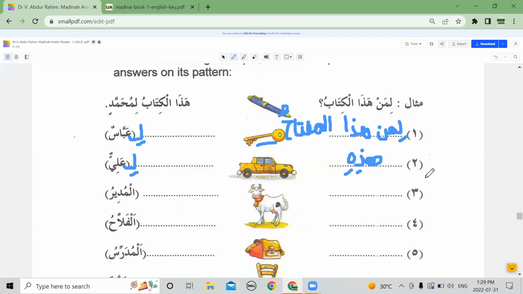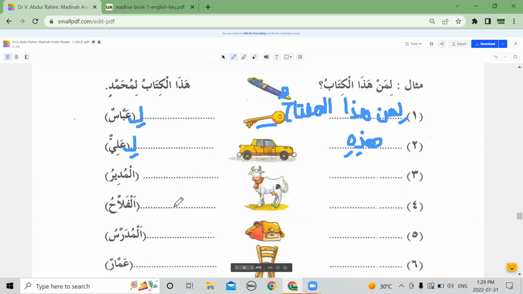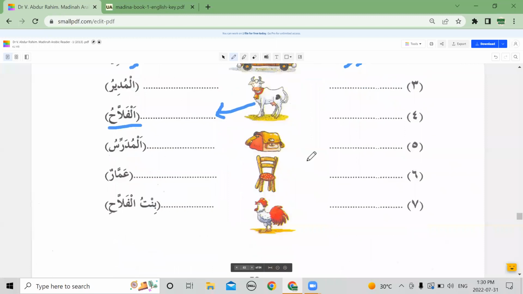Hadhihil baqaratu lil fallahi. The farmer. Yes, not for the mudir. The cow doesn't belong to the principal, right? It's going to belong to the farmer. Hadhihil baqaratu lil fallahi. Okay, next.